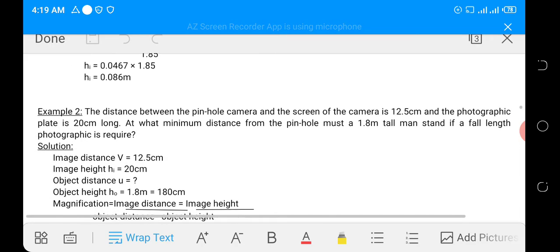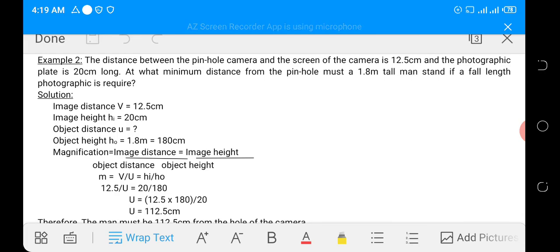Then let's look at example 2. The distance between the pinhole and the screen of a camera is 12.5 centimeter, and the photographic plate is 20 centimeter long. At what minimum distance from the pinhole must a 1.8 meter tall man stand if a full-length photograph is required? Solution.